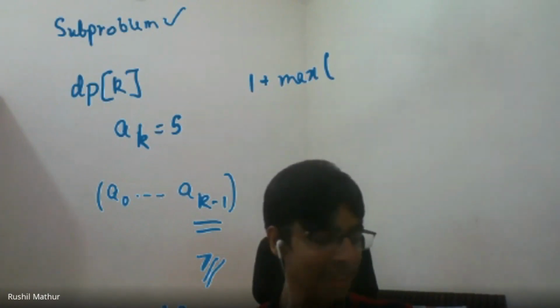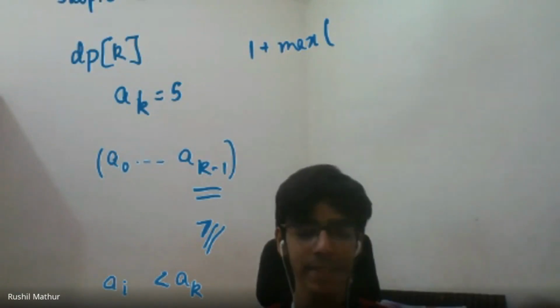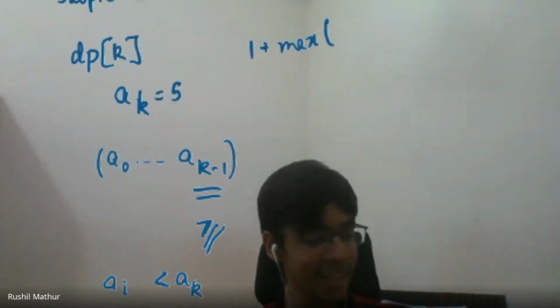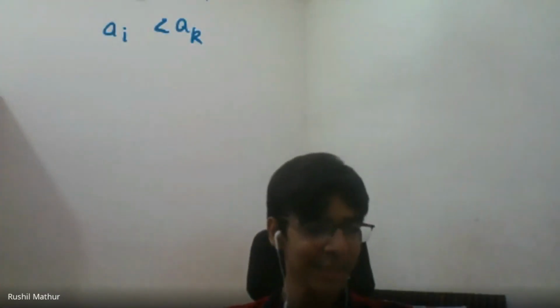In other words, the maximal element of the subsequence of dp k minus 1 is the last element, and that has to be less than ak. So basically you want ai less than ak, and obviously i less than k. We basically have to only use k minus 1 guesses, which is not a very large number. It is actually not very small either, but it's okay.